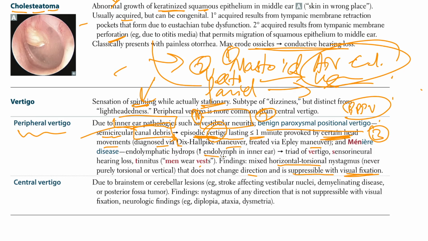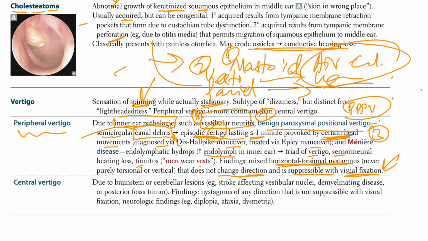This is all about increase in endolymph. That increased endolymph causes three things: vertigo, sensorineural hearing loss, and tinnitus. And findings are going to be mixed horizontal torsional nystagmus. Important: that would not change in direction, and it's suppressible with visual fixation. So that is what we have for the peripheral vertigo.